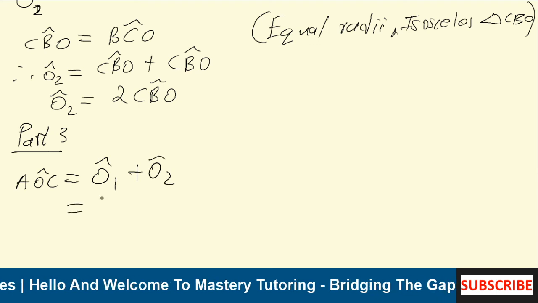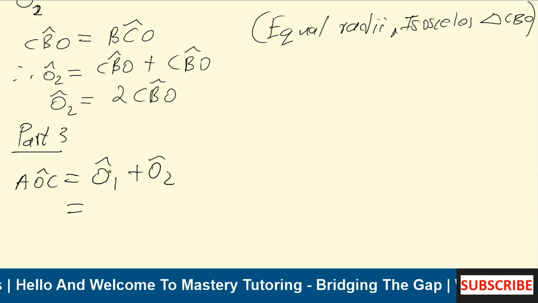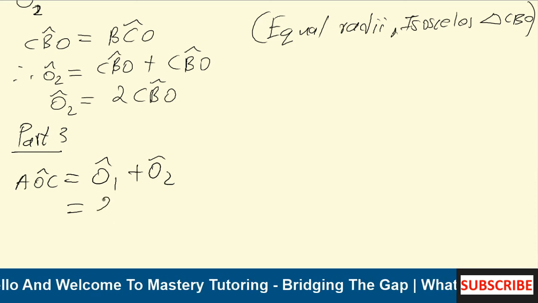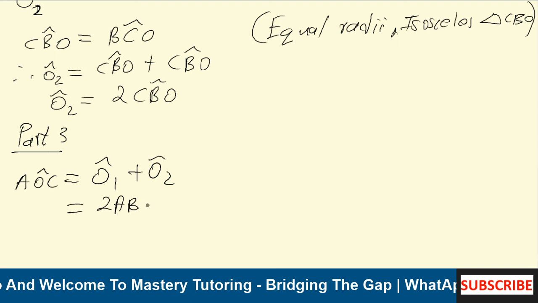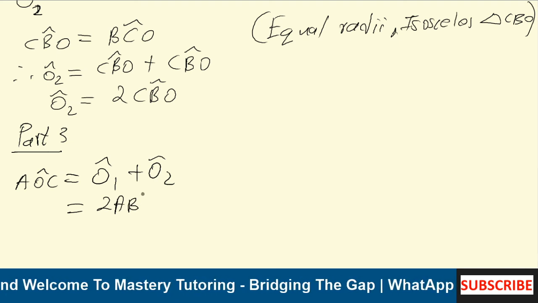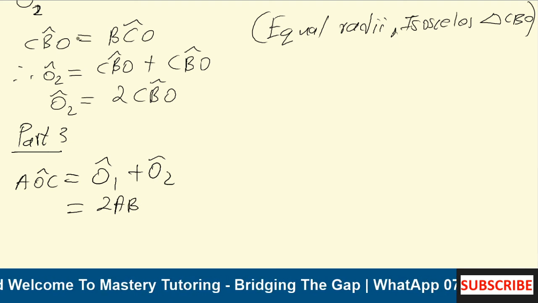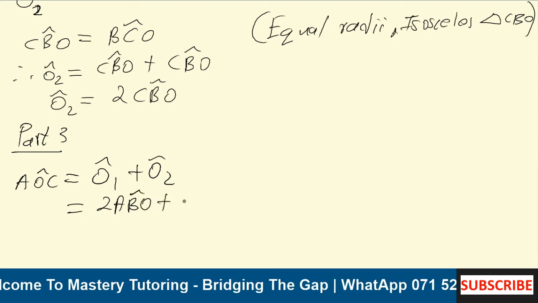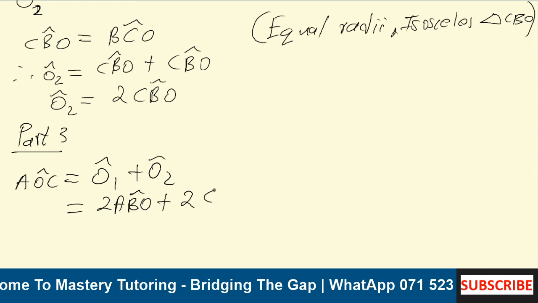So now let's substitute the values of O1 and O2. O1 is 2ABO plus 2CBO.